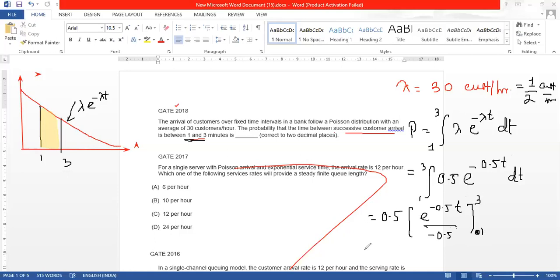Okay, so this will be equal to minus e raised power... So you can evaluate this integral and find the probability. You can solve it and find the probability itself.